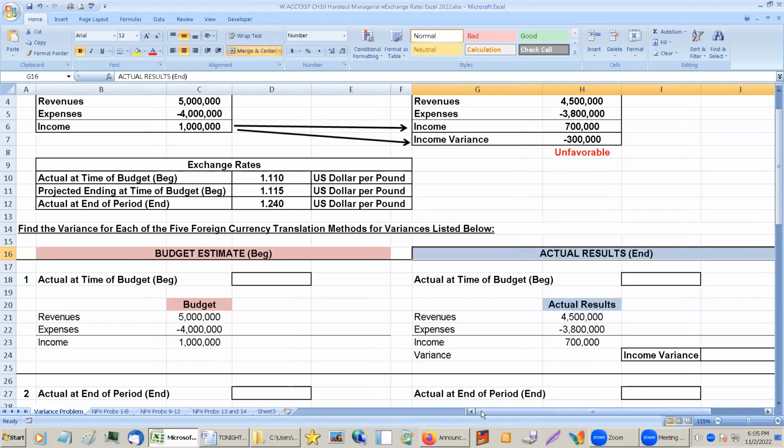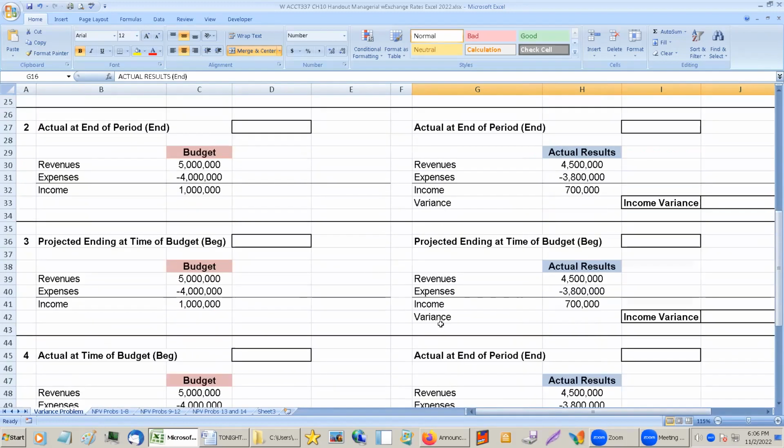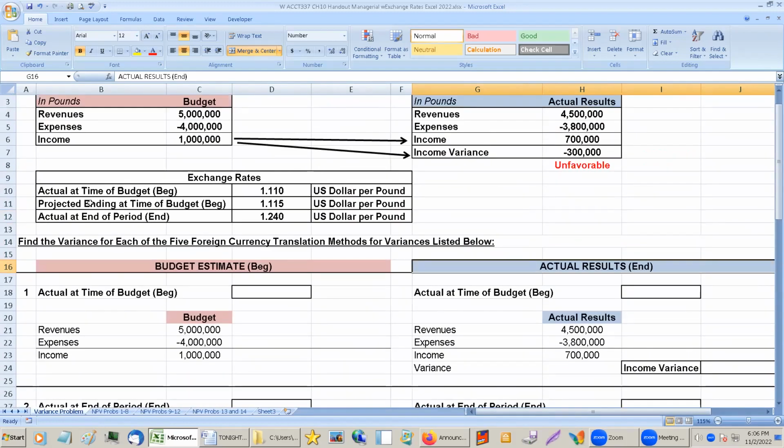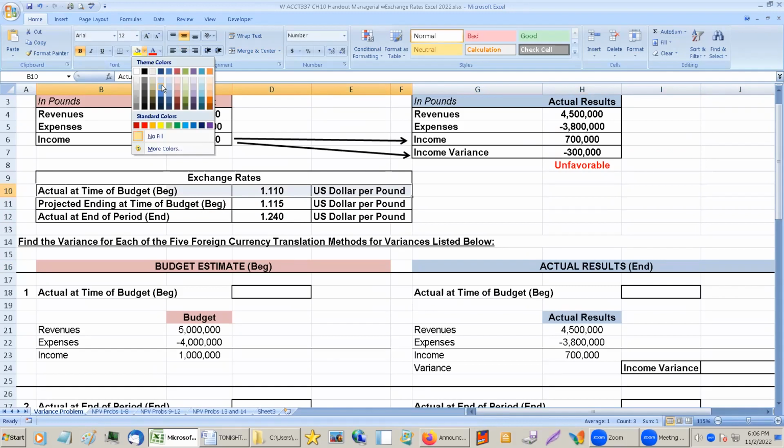Now, in case you're wondering how this is all working out, because I know it looks like there's 5 different ways of doing it, these are the ways that they can actually translate. These are the different methods that are allowed. Make this one green.